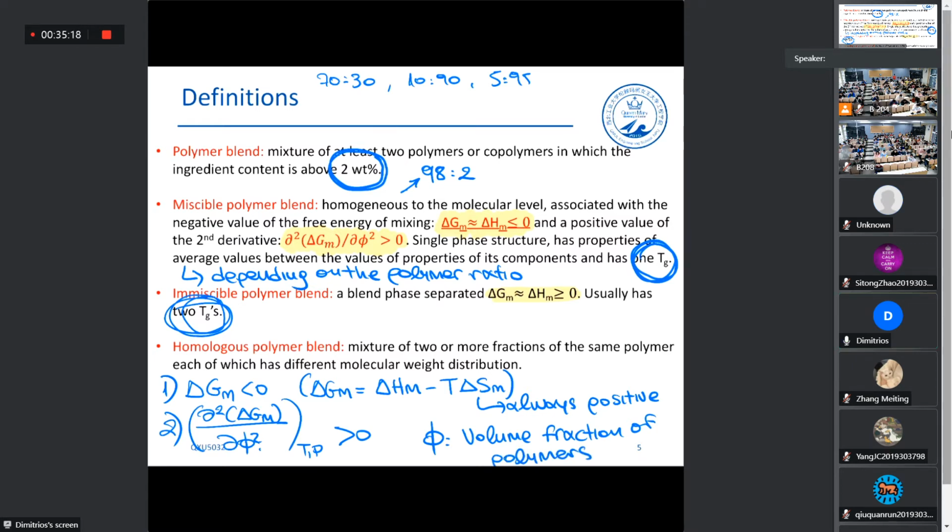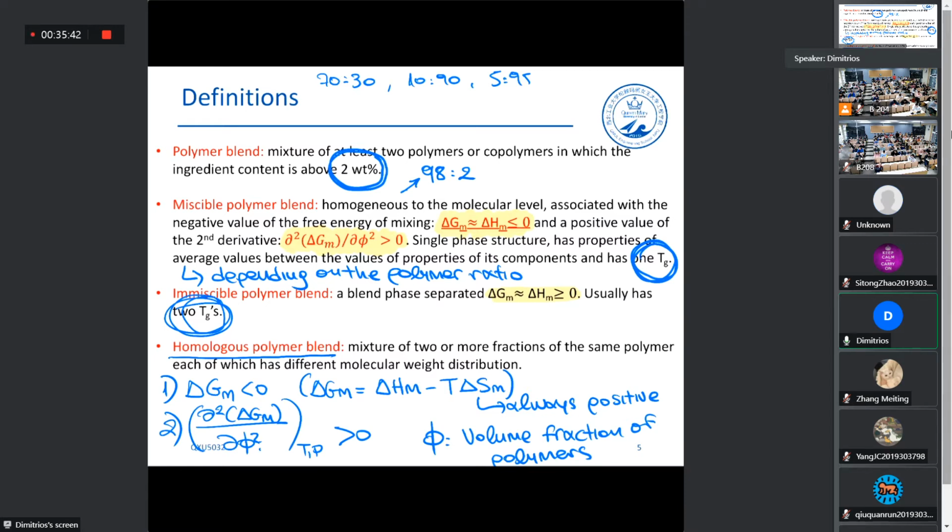There is one additional type of polymer blends that is called homologous polymer blends. It's not very common, and we will not be talking about that. It's not too interesting, let's say. It's essentially a mixture of the same polymer, but displaying different molecular weight distributions, okay?